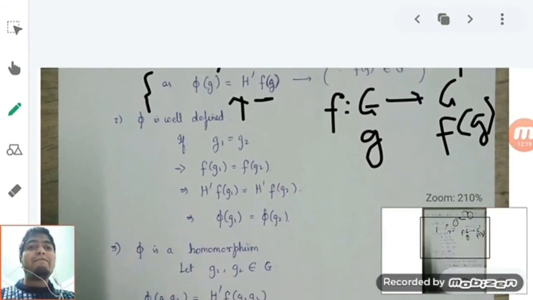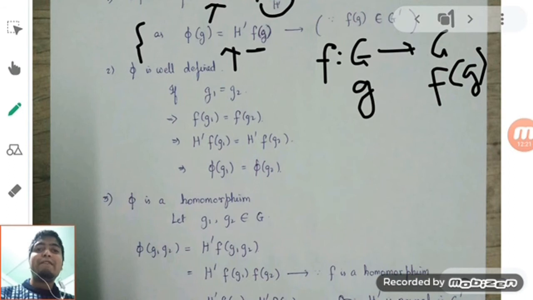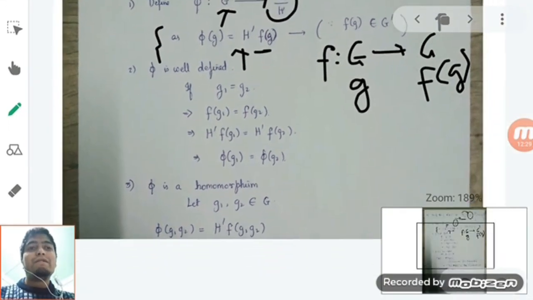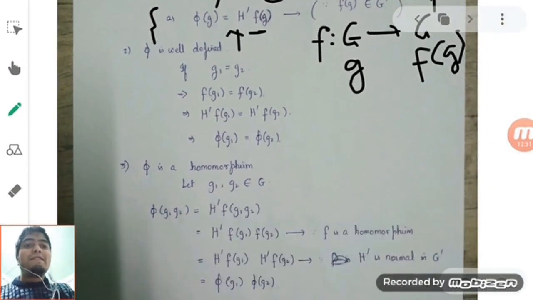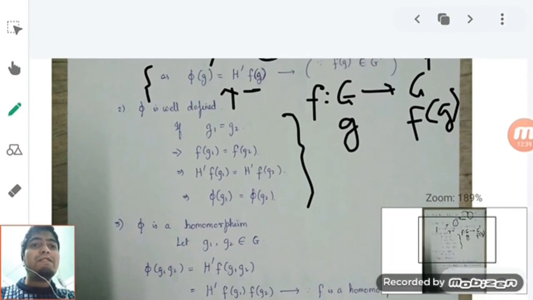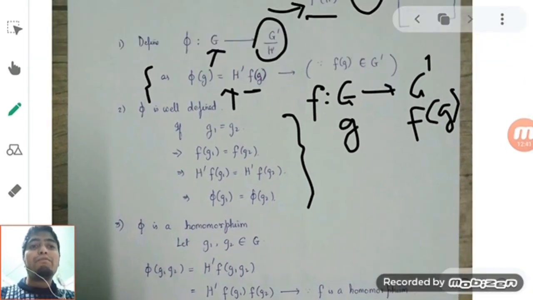Once we have defined a function, if you remember the steps, we need to show that it is well defined, that it is a homomorphism, and that it's onto. These are the steps for well defined, which I think you are familiar with, so I won't go into the details. If g1 is equal to g2, just take f on both sides.